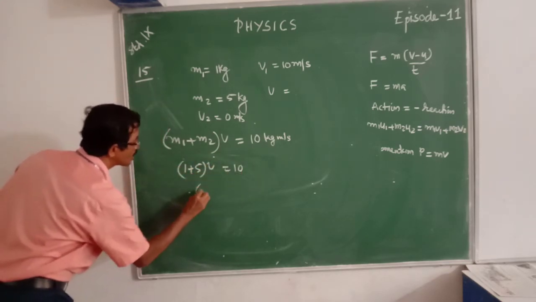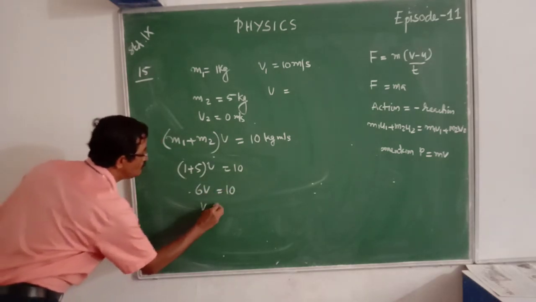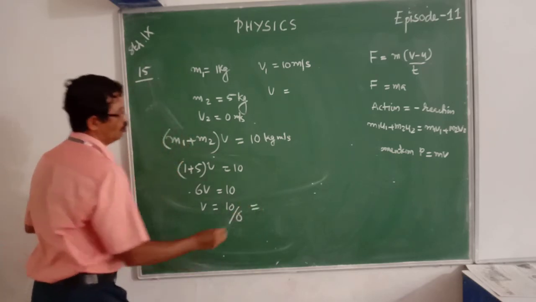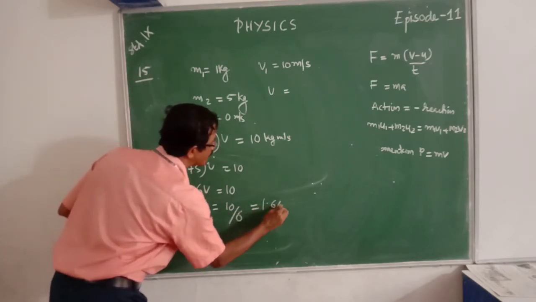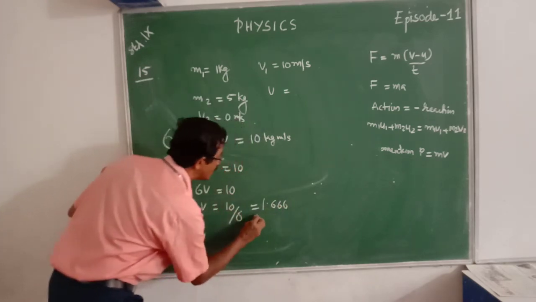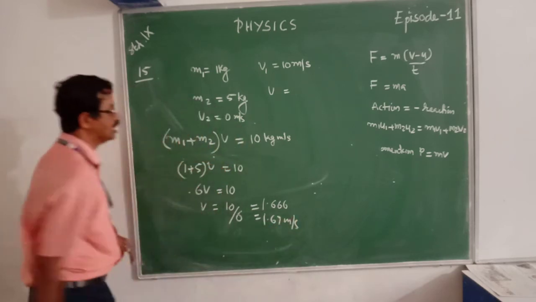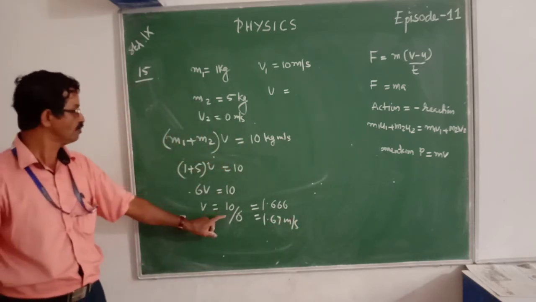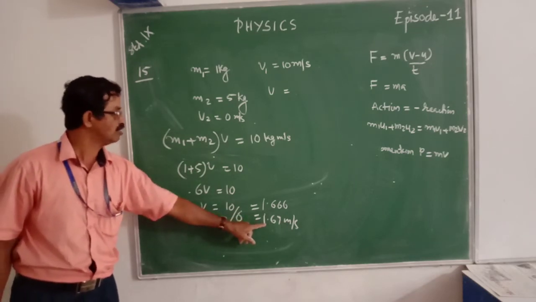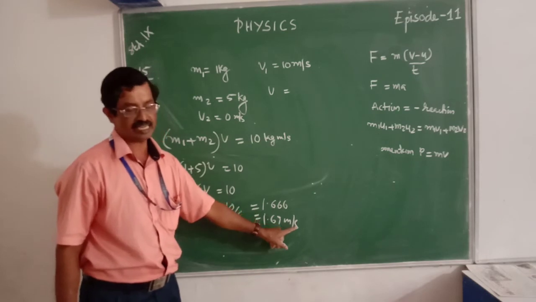So 6v is equal to 10, or v is equal to 10 by 6, that is equal to 1.66, approximately 1.67 meter per second. This is the velocity of the combined object after collision.